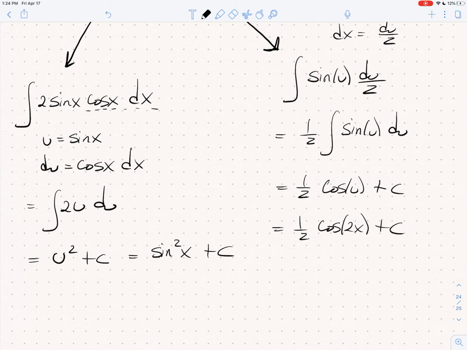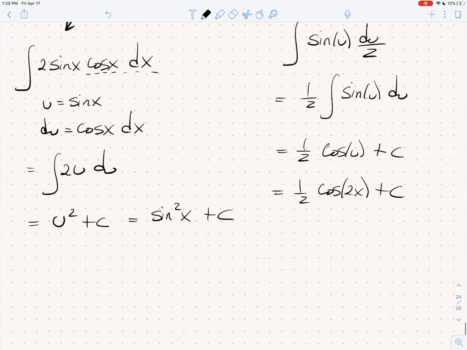And so those look pretty different, right? Does this work? Let's check them. If we go backwards from here, does this work? Well, the derivative of sine squared, let's check d/dx of sine squared x. This is going to be 2 sine x cosine x, which we know is exactly sine of 2x.